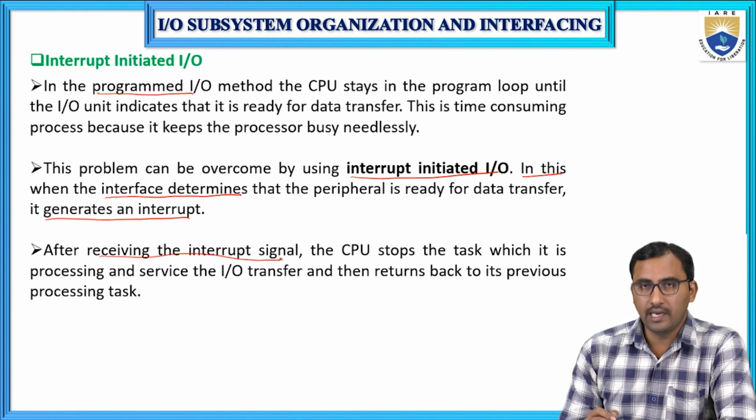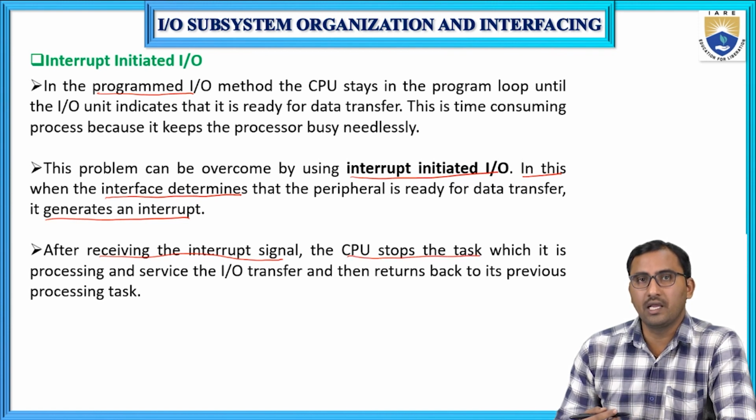After receiving the interrupt signal, the CPU stops the currently executing task. Then it is involved in the data transfer between the I/O device and the CPU. After completion of the data transfer, the CPU resumes its previous task. In this way, the data transfer takes place in the interrupt initiated I/O.